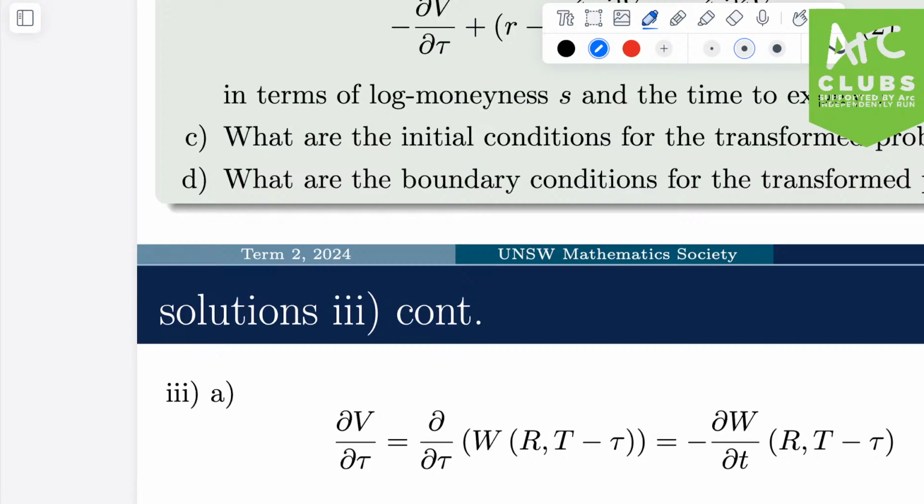But we don't really know dS. And we can do dW/dR first, and then dR to dS. I guess we just let R be equal to L times exponential S here.